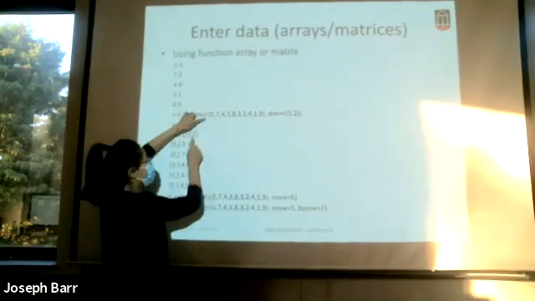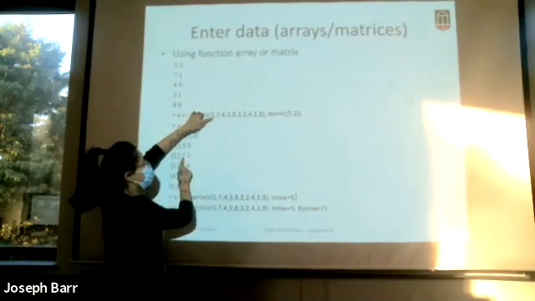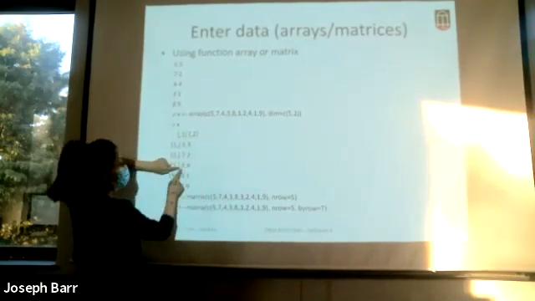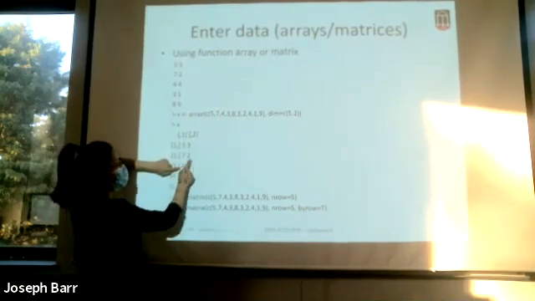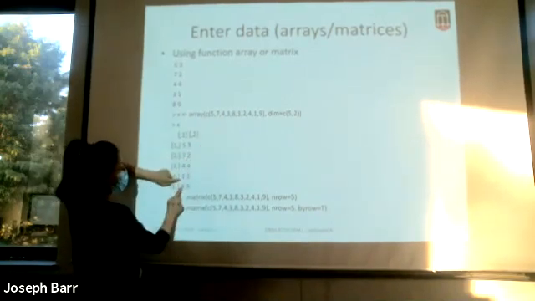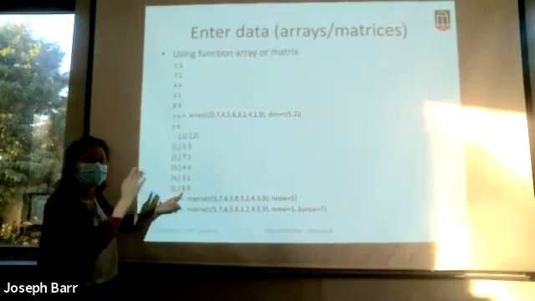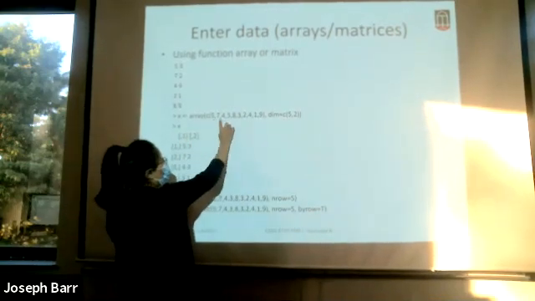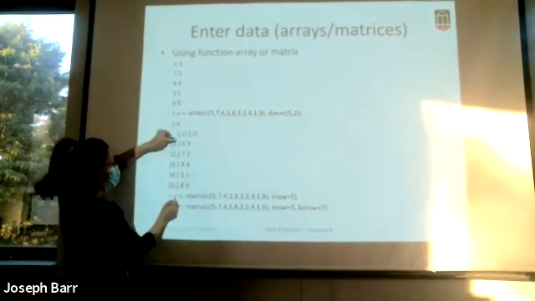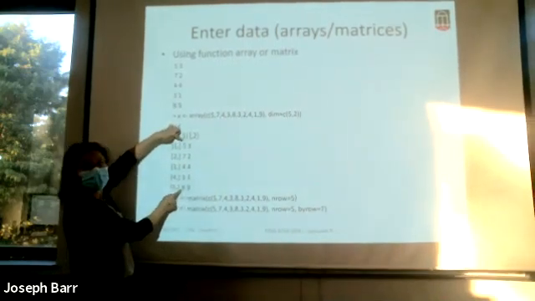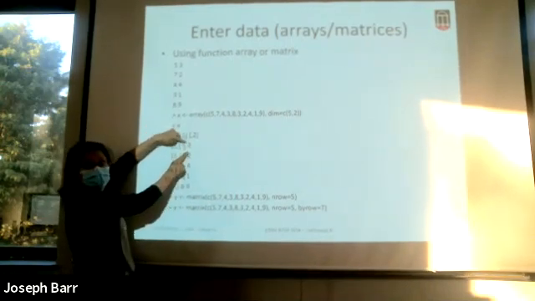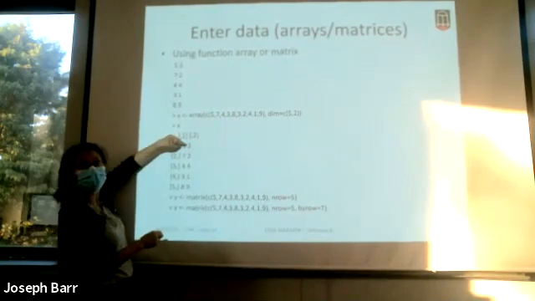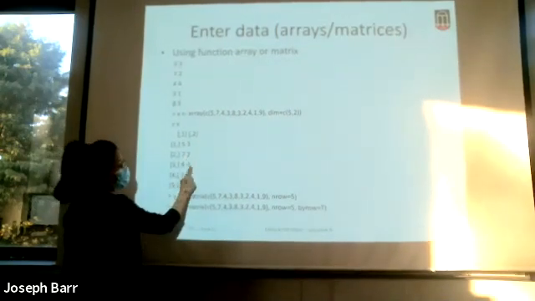So 5 goes here, 7 goes to the first column, second element, 4 goes to the first column, third position, and then the 3 and the 8, and stop here, because we have 5 rows. So these 5 numbers from 5 to 8 already fill the first column. Then I go to the second column. This 3 goes to the second column, first element, and then 2, 4, 1, 9.